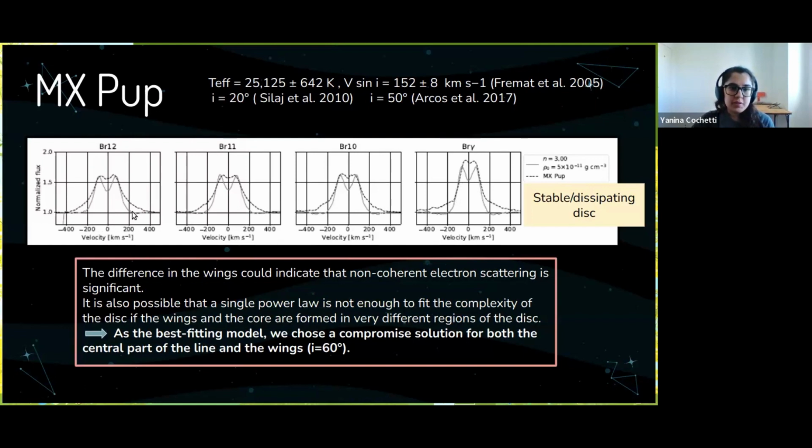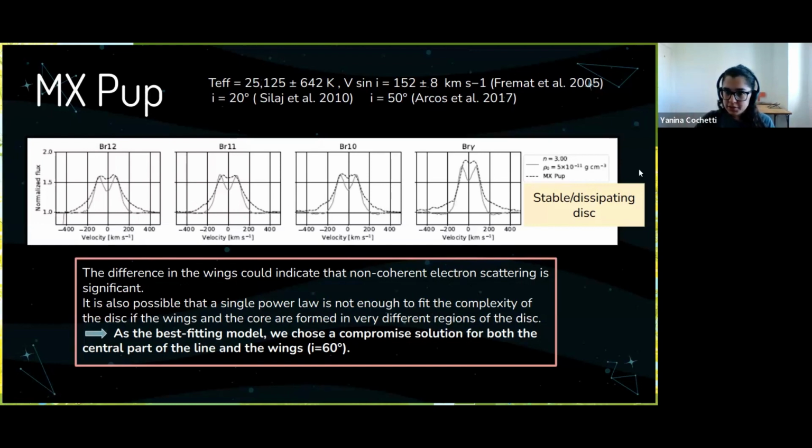There are some differences in the wings that could indicate that the non-coherent scattering is significant in this object. But it is also possible that a single power law is not enough to describe the complexity of the circumstellar envelopes of these objects. So we choose as a best fitting model a compromise solution between these different things that we found.